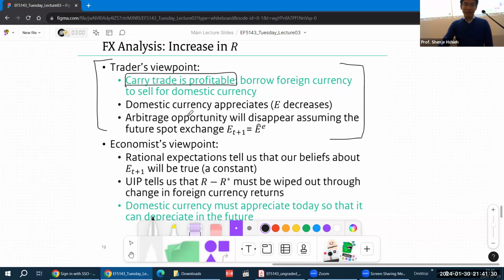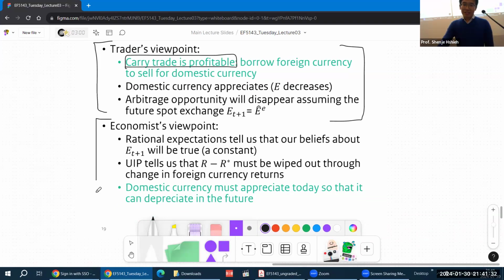That's the mechanism. The alternative explanation is an equilibrium argument. We say that if UIP holds in equilibrium, then for any change in the interest rate differential, there must be an offsetting effect coming from domestic currency depreciation.